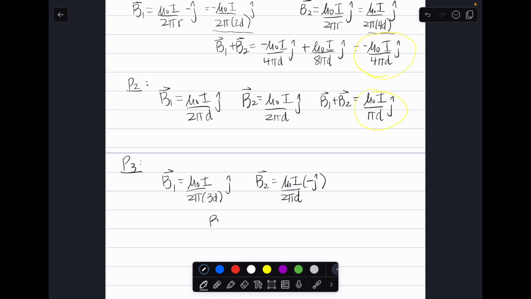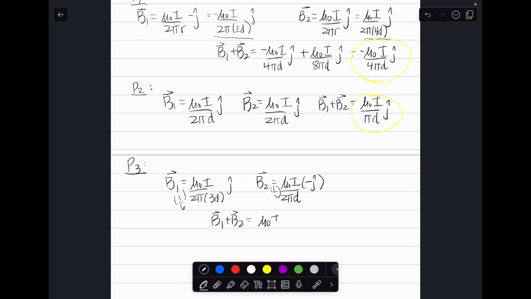So let's add these vectors together to get the total field at location P3. So it looks like we have a 6 and a 2. I'm trying to do some mental math here. The 1/6 is smaller, right? That's a 1 over 6. This is a 1 over 2. So 1/6 minus 3/6, I should get negative 2/6 or 1/3.